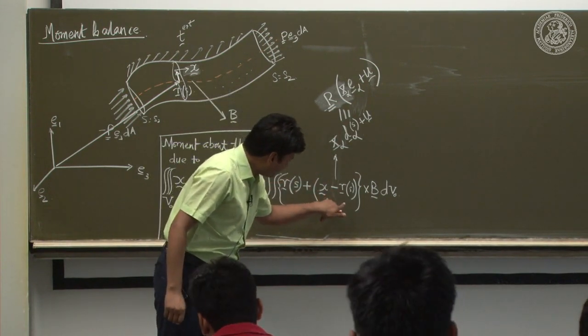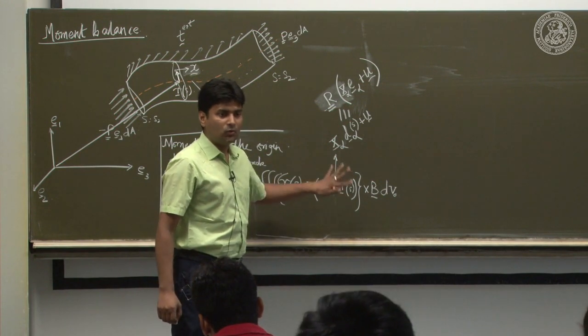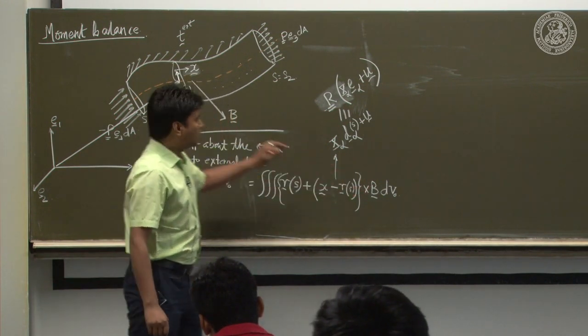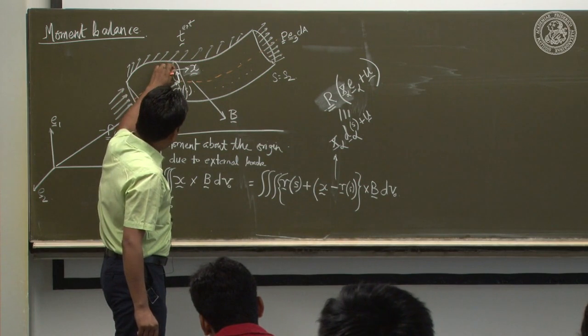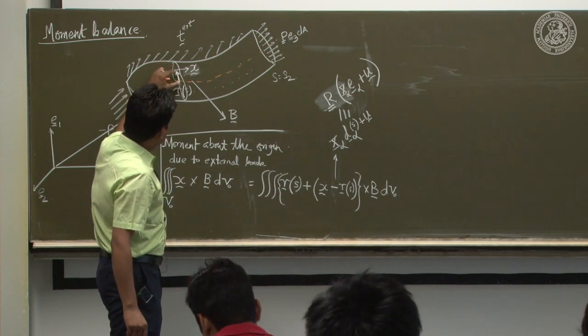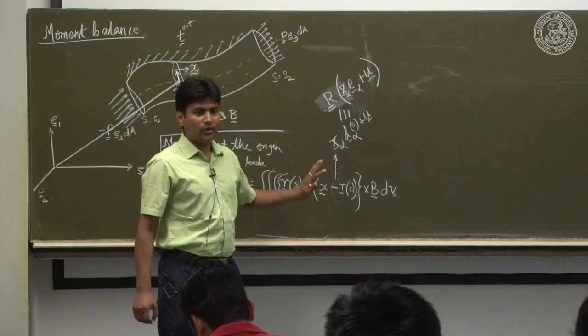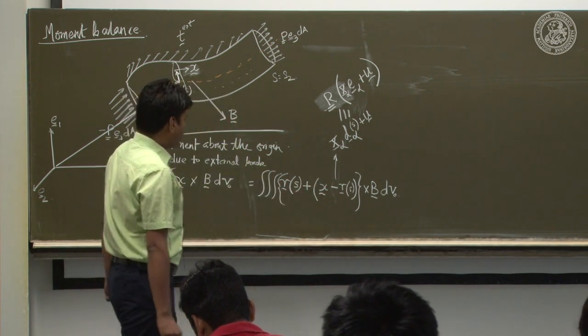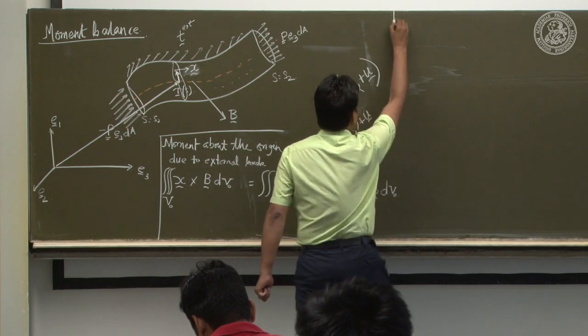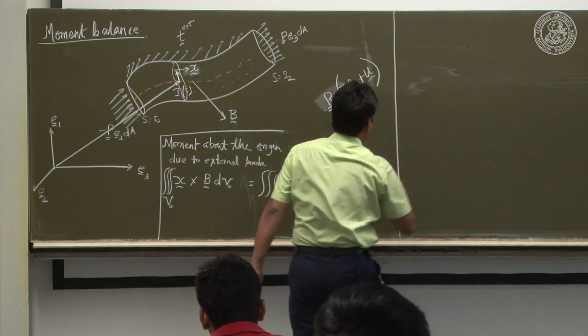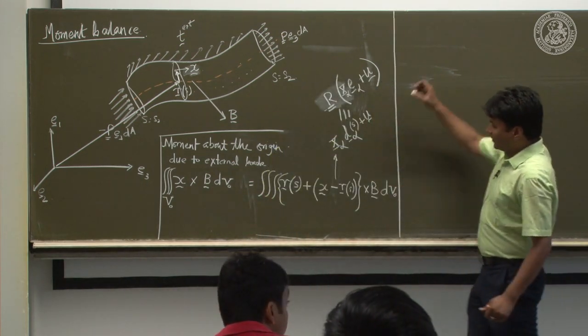I will just keep it as it is here. There is no confusion here, right? Little x denotes any point in the beam, and then I am just taking this difference. All right. So then let us see what this becomes.